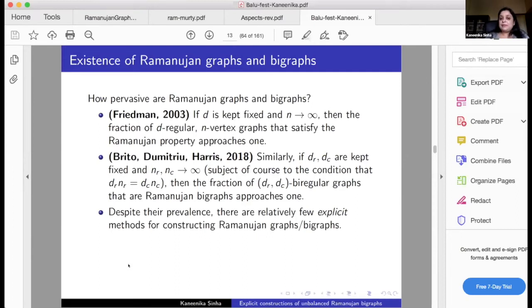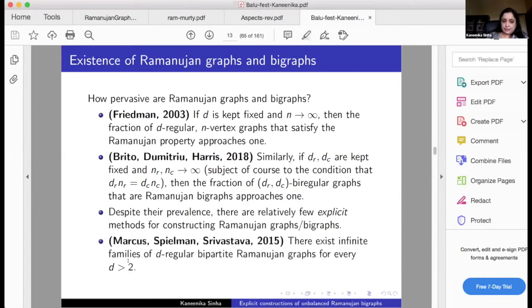But despite their prevalence, an intriguing aspect of these graphs is that there are relatively few explicit methods for constructing Ramanujan graphs and bigraphs.